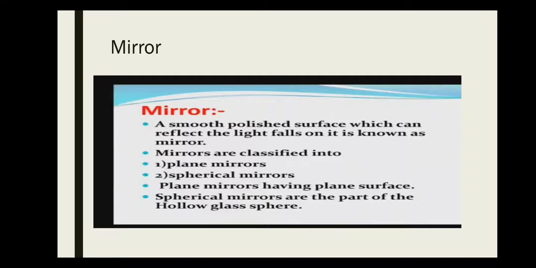A plane mirror has a plane surface. In houses there are plane mirrors, no? Early in the morning you get up and rush to get ready for school. What type of mirror are you using? You are using a plane mirror. Next, spherical mirrors. A spherical mirror is a part of a hollow glass sphere.